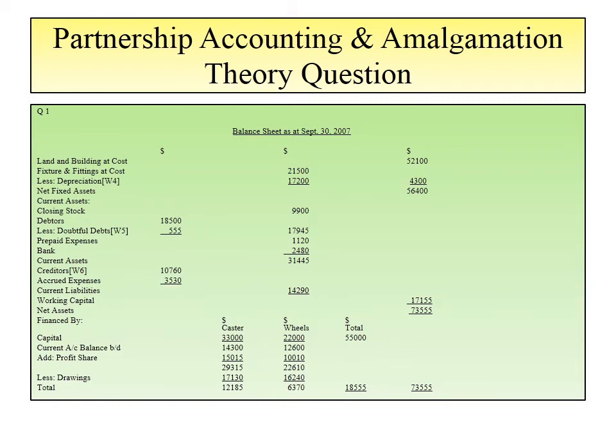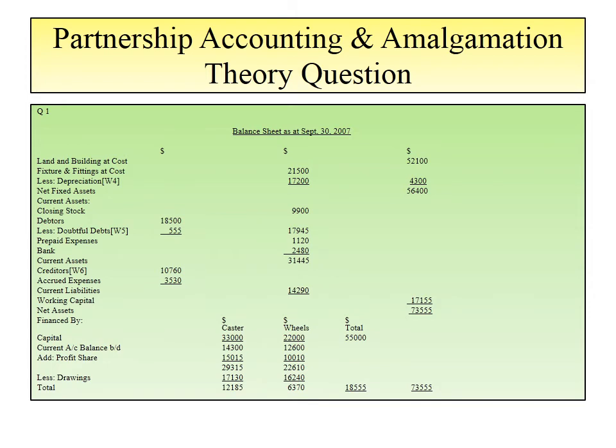Total depreciation is 17,200, and if we deduct it from the cost, we get furniture and fixture at cost as 4,300. Now net fixed assets are adding up, 52,000 and 4,300 added up, we get net fixed assets.